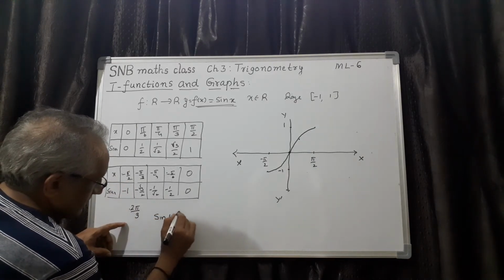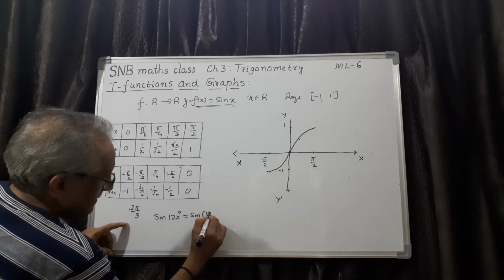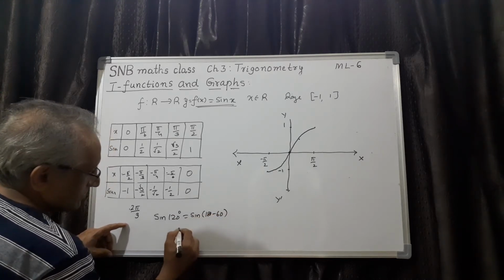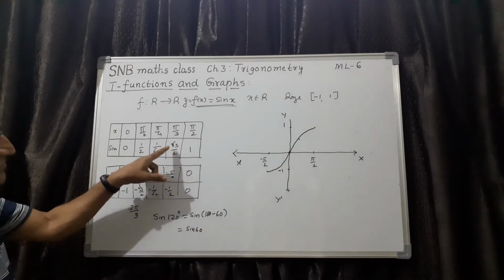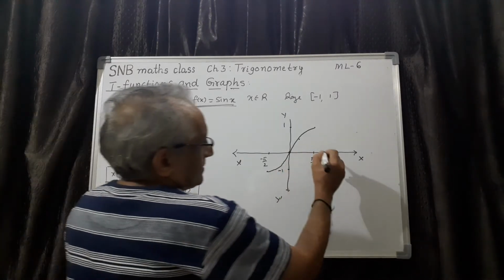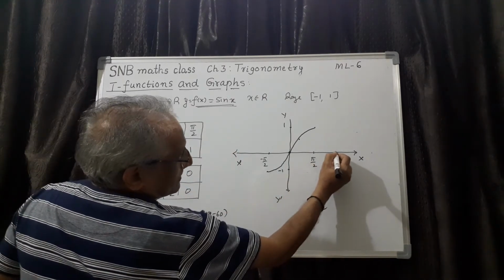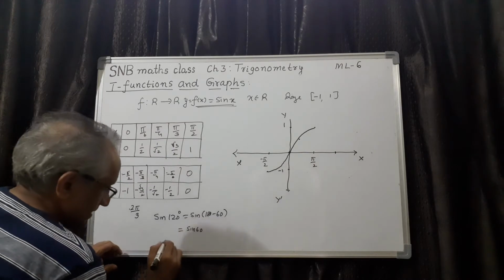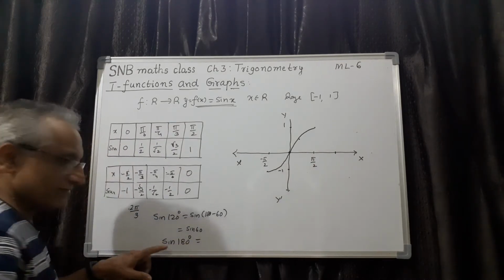Sine 120 degree can be written as sine of 180 minus 60, so this is sine 60 only. And sine 60 is root 3 by 2. And when it is pi, it will be 0 because sine pi is 0. All of these you can find using allied angles only.